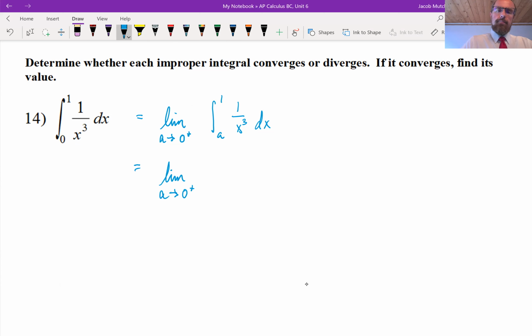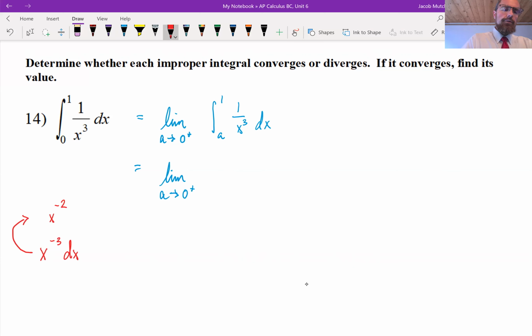And then just thinking about 1 over x cubed dx as an integrand, what I can call that is x to the power of -3 dx, and then searching for an antiderivative, that would have been x to the power of -2. But then I need a factor of -½ out front to cancel the coefficient.